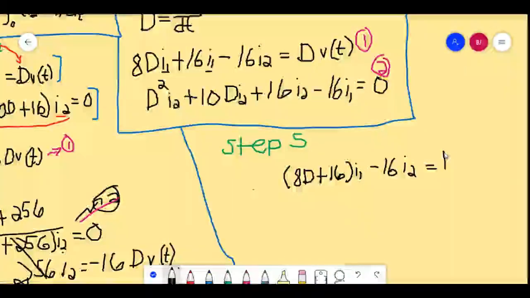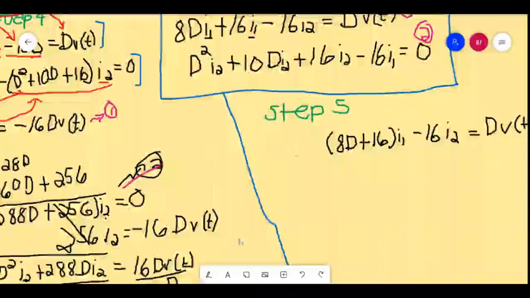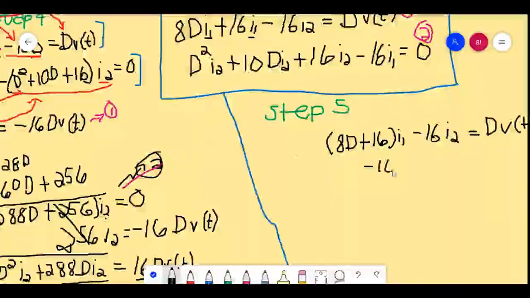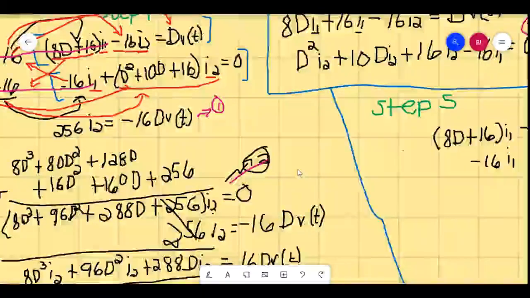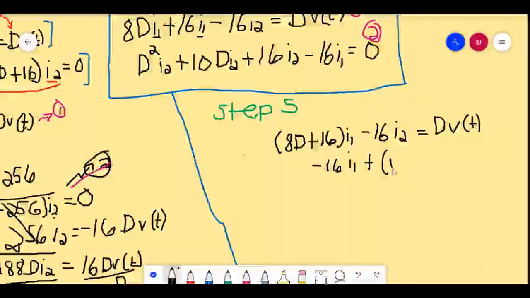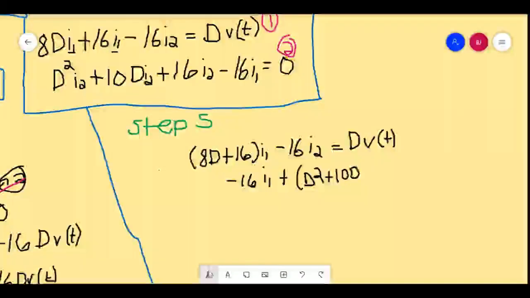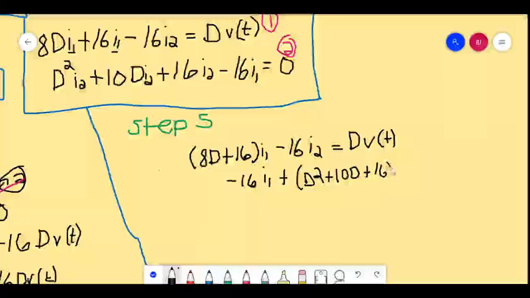Equals dvt. Then we'll have negative 16 I1 plus d squared plus 10d plus 16 times I2, equal to 0.